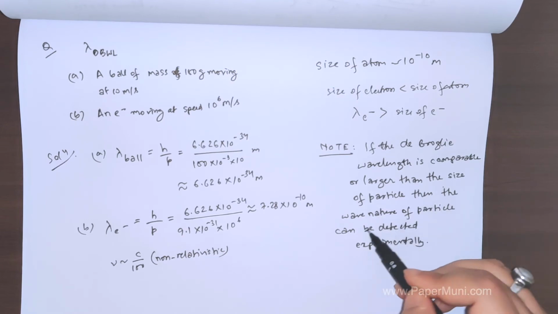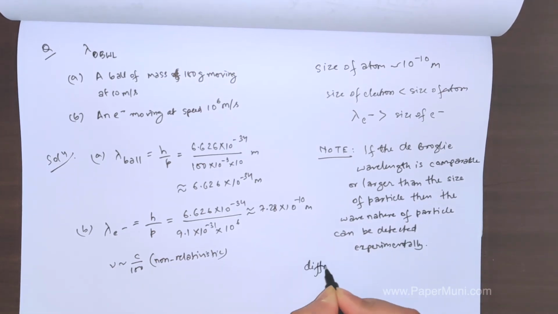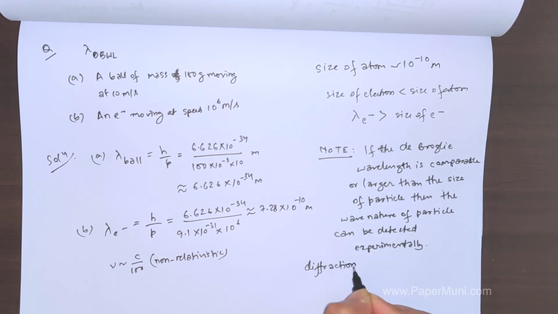Then only can we see the wave nature of the particle. It's very difficult to pinpoint which particles will show it and which will not experimentally. It only depends on the diffraction experiments we conduct to see whether the given particle has a wave nature or not.